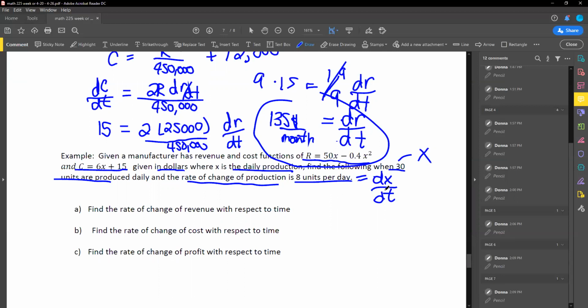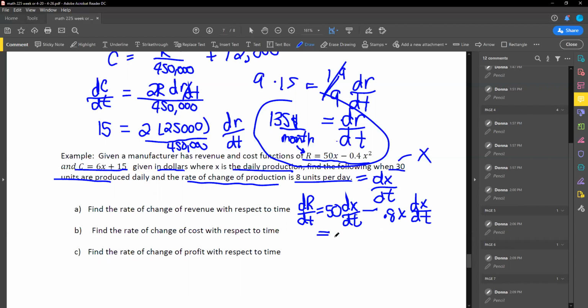All right, so find the rate of change of revenue with respect to time. So revenue is this equation right here. So I'm just going to do the derivative of it. So dR/dt, you're doing the derivative with respect to time. The derivative of 50x is 50 times dx/dt, minus, let's see, 0.4 times 2 is 0.8x dx/dt. All right, so I have X and I have dx/dt, so I can just plug them in.